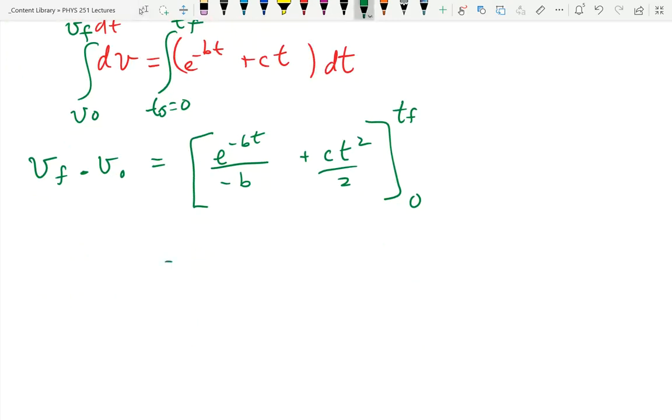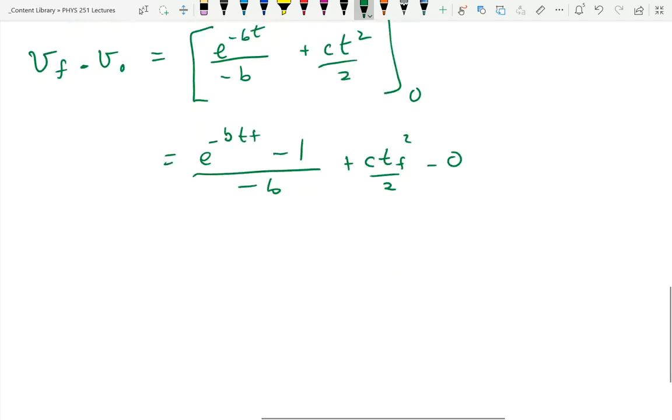So putting in my limits, there's the upper and lower limits in the first term, and the upper and lower limits of the second term. And of course, we have minus 0, or not, do you? No, I don't. And so, of course, most of us would write this in the simplest fashion.